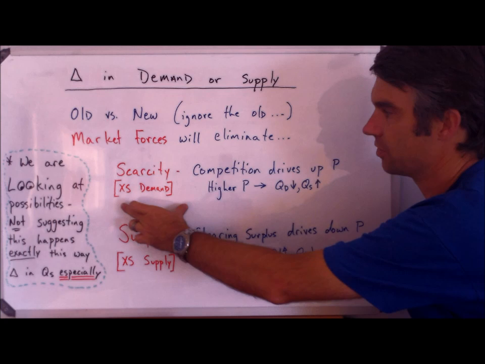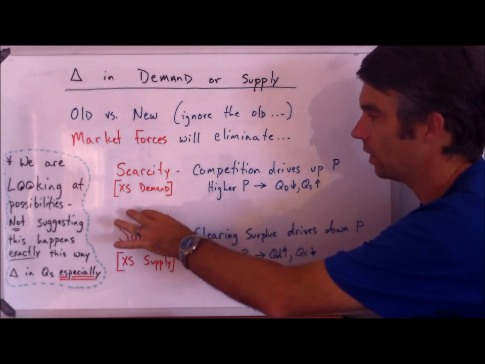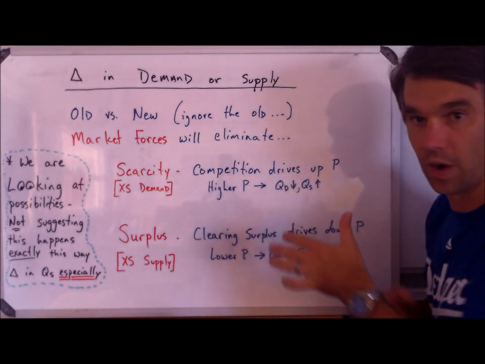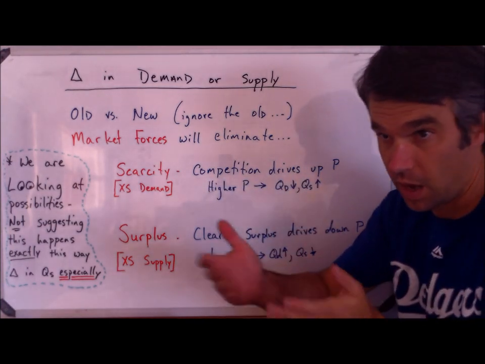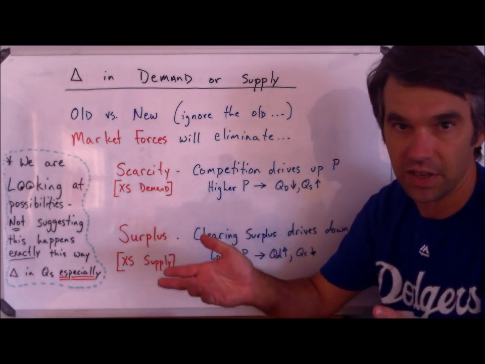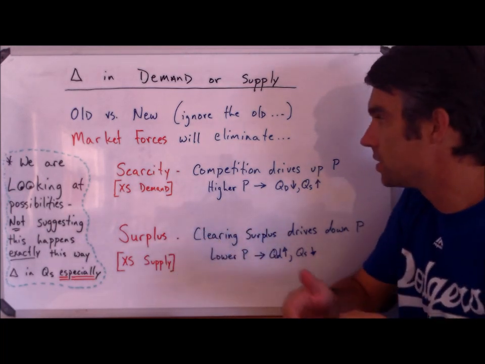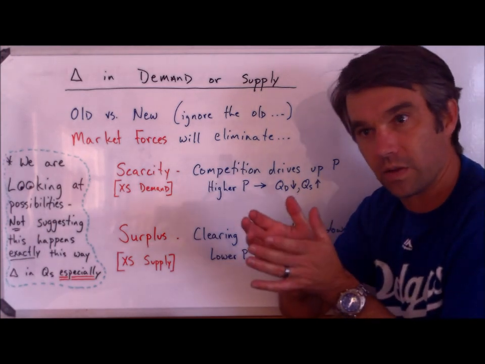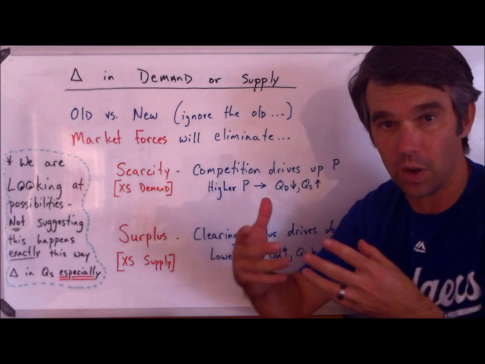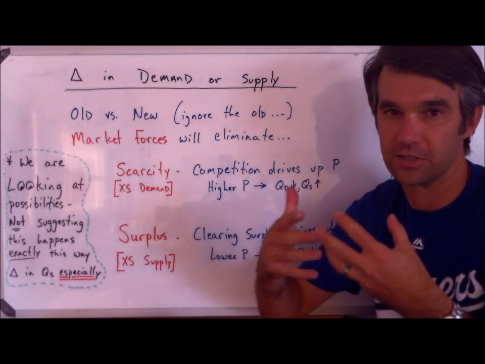Okay, so what we're going to see here is if we have scarcity, what we have to think about is there's going to be competition, right? There's not enough products. There's 100 people who want to buy it at that price, but maybe only 50 available, like we said yesterday. So there's not enough products for people. So again, the consumers, the people who want to buy it, they're going to start competing against each other.